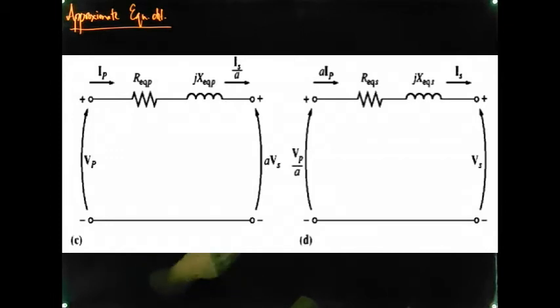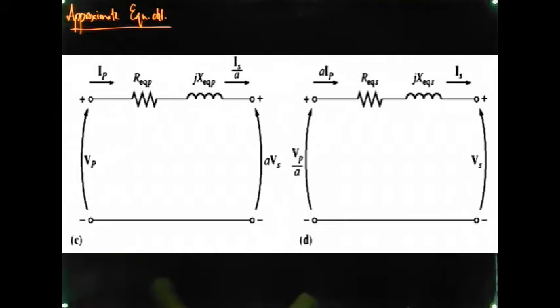This will not be applicable for all the cases, but in some cases. So we have now practically reduced our transformer to a circuit where there is only one resistance and one reactance, and this can be sufficient enough for analyzing the behavior of this transformer.